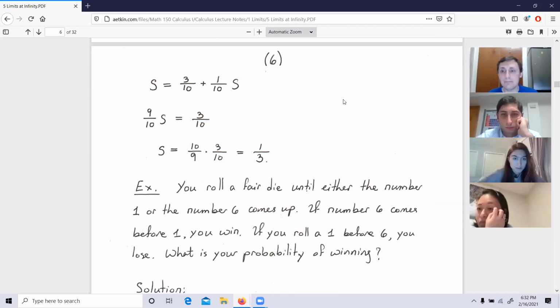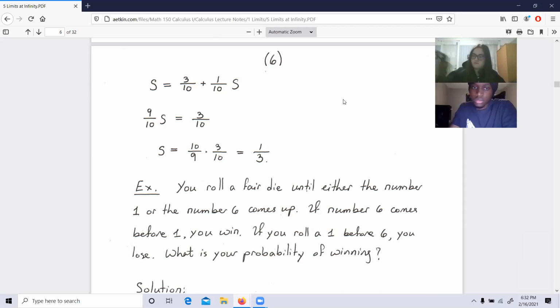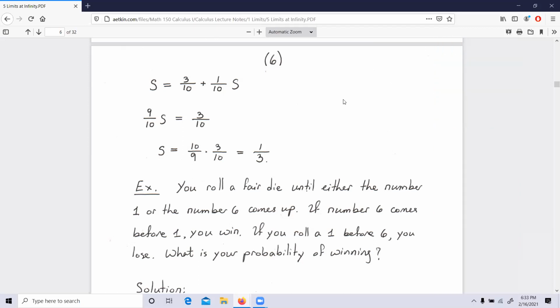And why? I'm of course not expecting that you know probability. Maybe you don't know anything about it, and that's okay for this class. But let's see if you can figure it out.